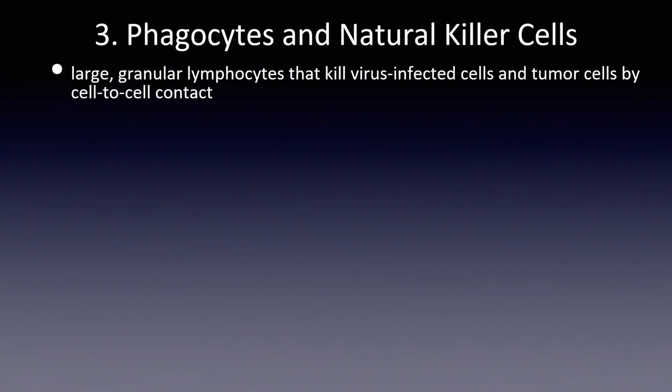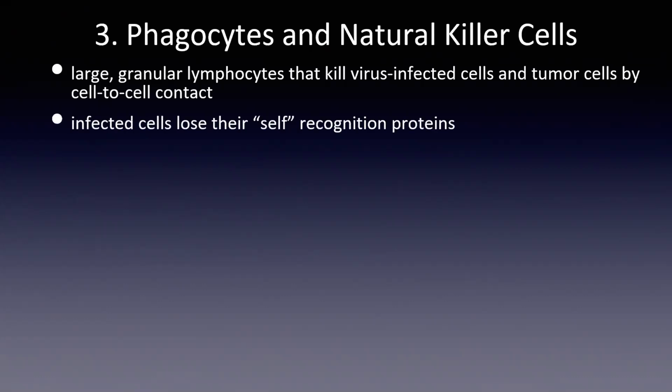natural killer cells will attack cells that are in your body that are your own cells, but that are infected by viruses, just by coming into close contact with them. So sometimes cells that are infected will lose their antigen or their self-recognition proteins.